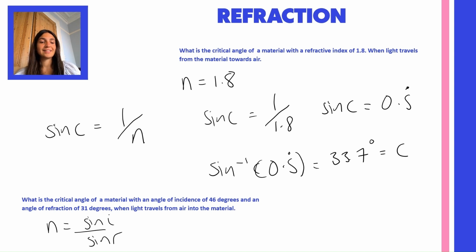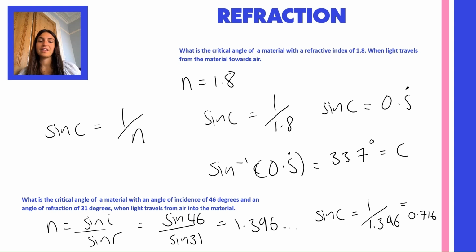So N is sine I divided by sine R. And so when I have my light going from the air into the material, I get sine 46 divided by sine 31, which gives me 1.396. Then I have my refractive index. I can now do sine C is 1 over that refractive index, which gives me 0.716. And then again, to get the critical angle from there, the inverse sine 0.716, and that gives me 45.7 degrees.